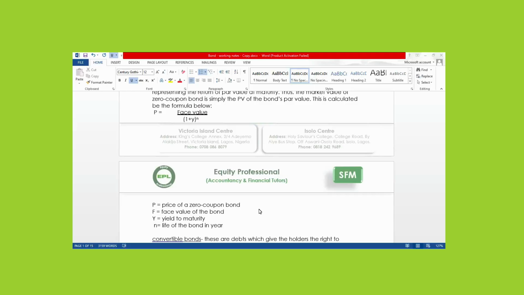Letter F, face value of the bond. The face value is 100 naira. Letter Y, yield to maturity. Letter N, life of the bond, that is maturity period. It may be 1 year or 2 years or 3 years. Examiner will tell you the maturity date.